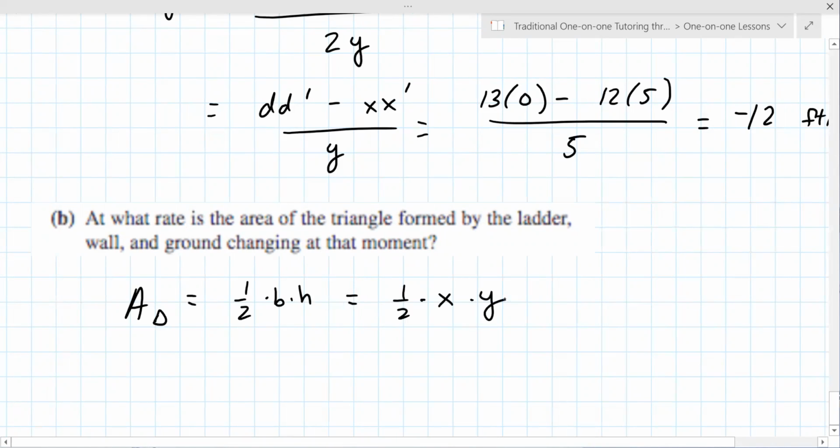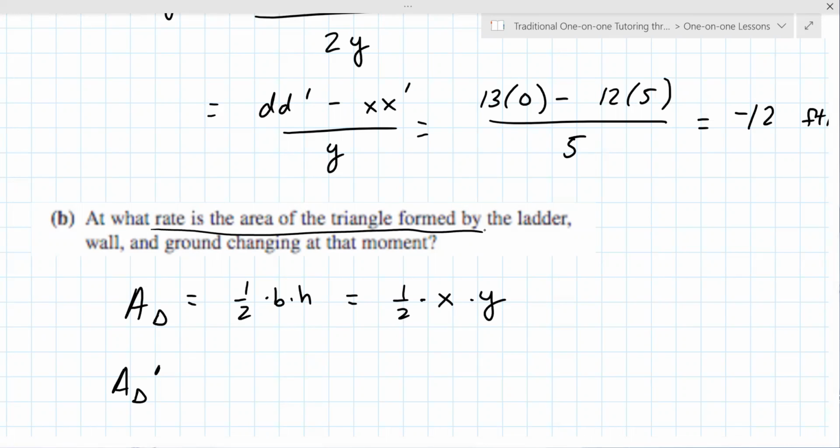Now the derivative of this, because that's what it's asking for, the rate of change of the area of the triangle. This is a product rule, like a UV thing.